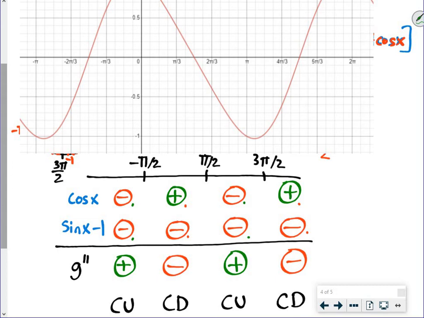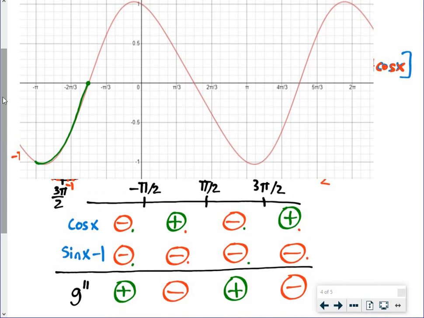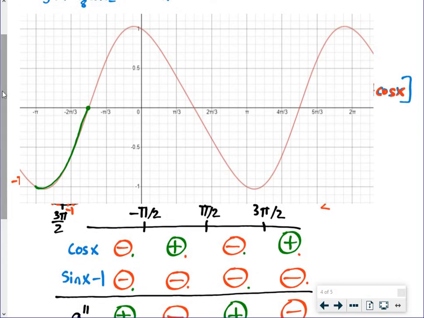So negative pi over 2 happens here. It looks like it's concave up there. And then going from negative pi over 2 to pi over 2, we're concave down. So pi over 2 happens here. So we are indeed concave down on that interval.